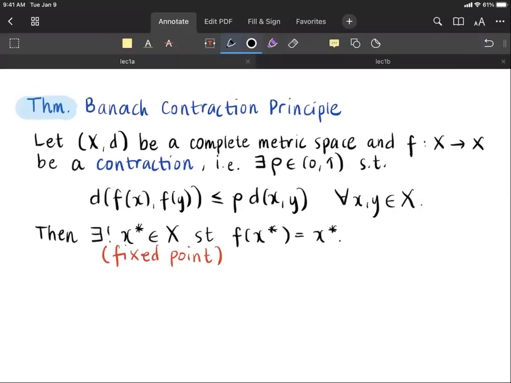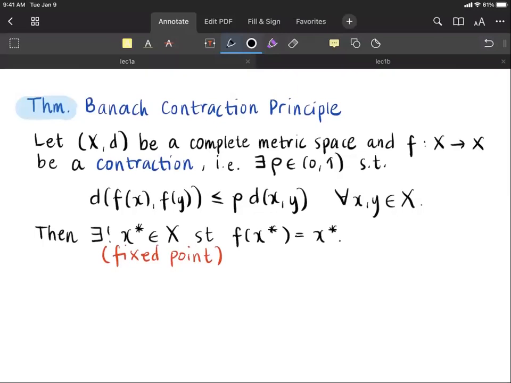Well, one point is that this is called a contraction because if you take the distance of the images, it will be less than the distance of the corresponding points where the function is evaluated, because take note here that rho is less than 1. So the distance of the images is less than the distance of the pre-images.